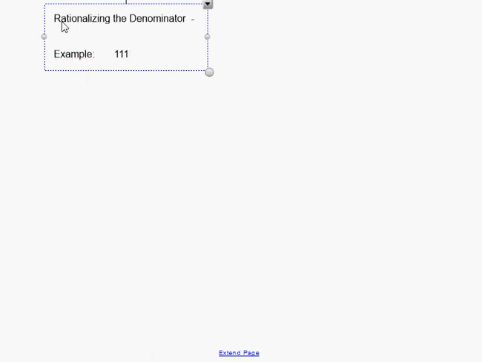Suppose we have 11 over the square root of 5. We have a radical in the denominator. Your final answer cannot have a radical in the denominator.